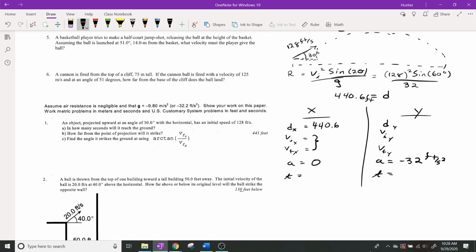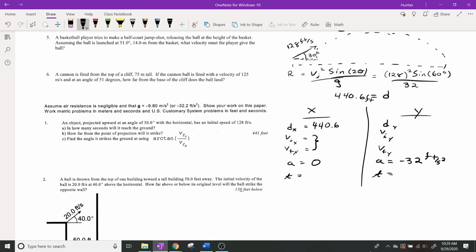Okay, so if you look at that, we can figure out what we need from the x side, because I think we have a feet per second as well too, but I can't use 128 because that's the total speed in the x and y direction together. So instead, it's not going to be the sine, it's going to be the cosine.